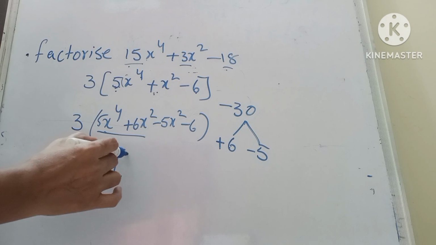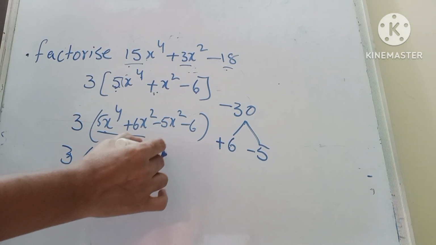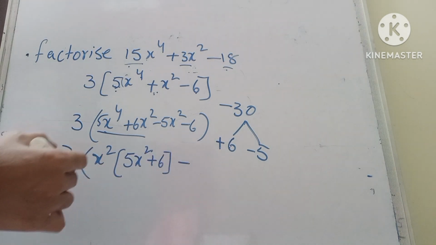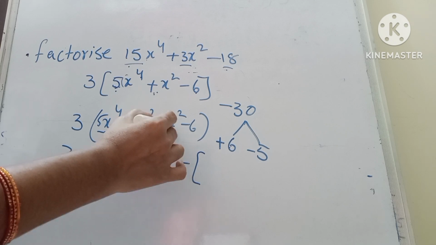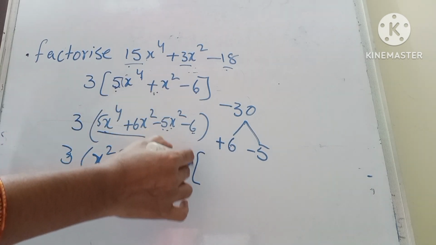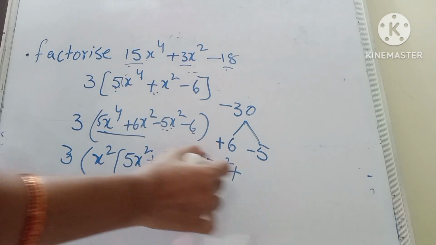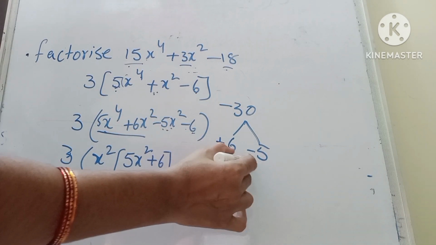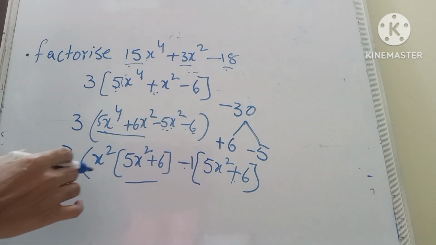Yes, x square is a common factor, then write 5x square plus 6, minus. What is the common factor in these two? Only 1 is the common factor. So 5x square plus 6 is the common factor after factorization.